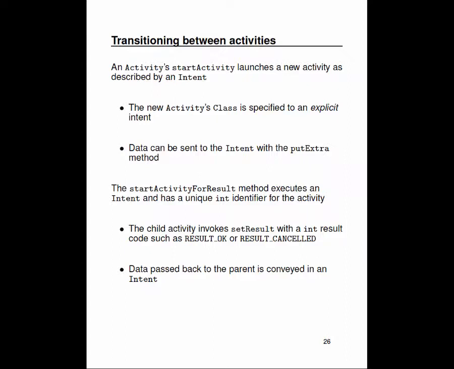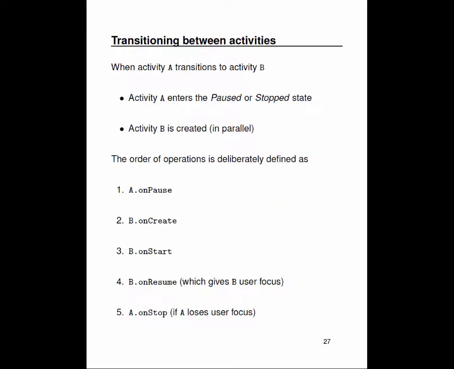Then when the invoked activity does its thing, it returns a result code saying, hey, I was able to do your thing, or no, I wasn't. The parent that called it receives another intent with the result, and it can handle it appropriately. Which is maybe something you'll want to use. I don't know, I'll think about it.